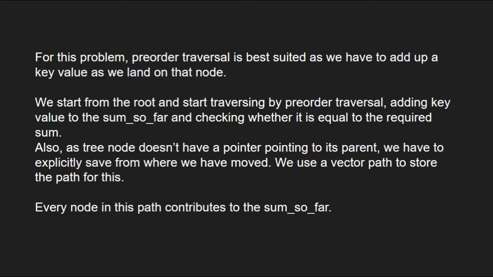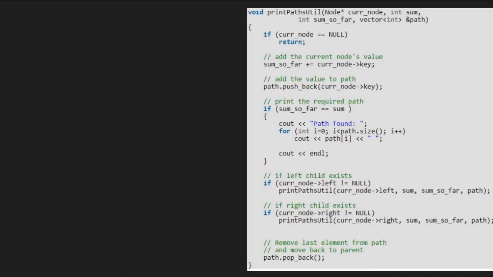Next, let us see the algorithm. Let us also have a sample tree to test our algorithm. We take sum as 8, so we pass the root node that is 1, 8 to sum, 0 to sum so far and a vector path to the print paths util function.